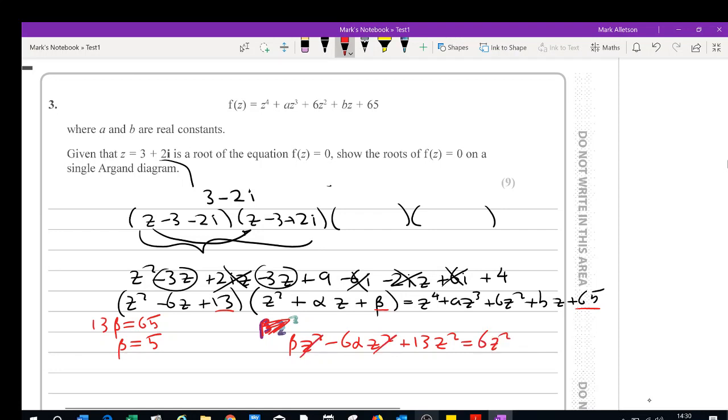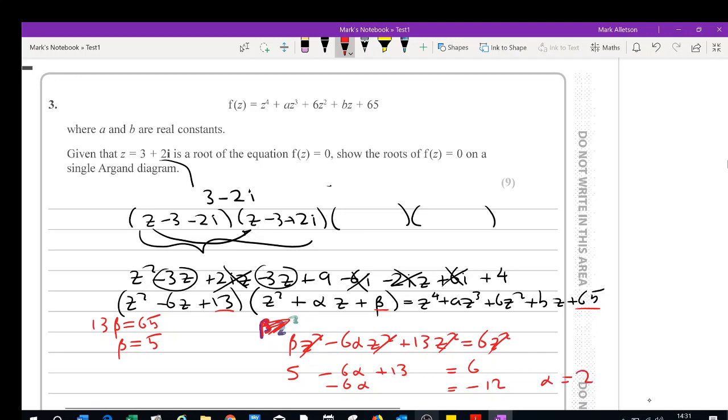So let's cancel out the z squareds. So I see beta, which I already know is 5, minus 6 alpha plus 13 equals 6. So minus 6 alpha equals 6 take away 18, minus 12, so alpha equals 2.